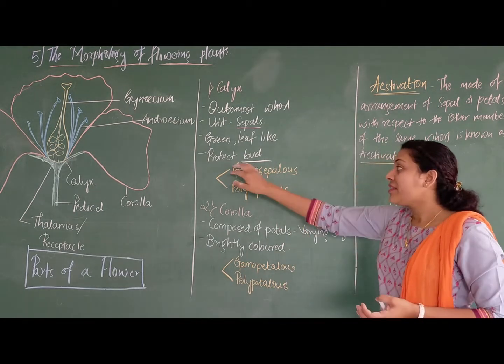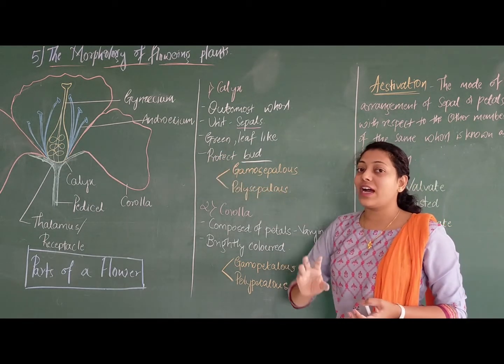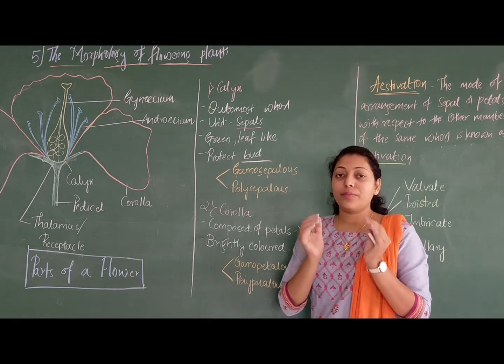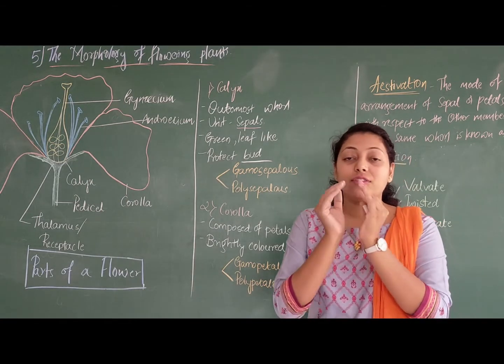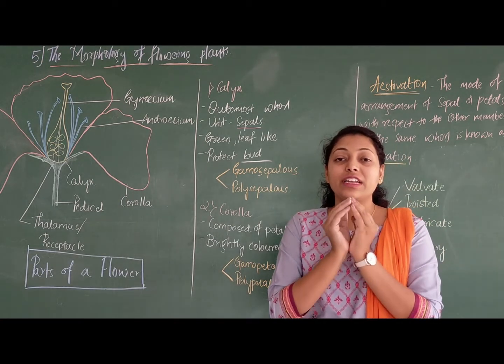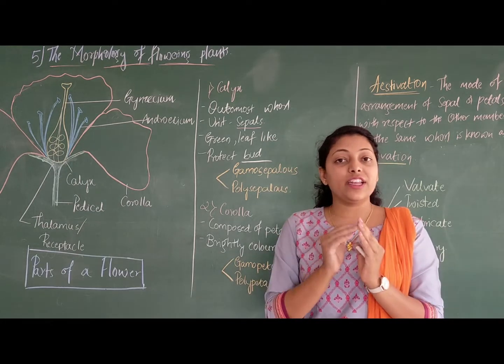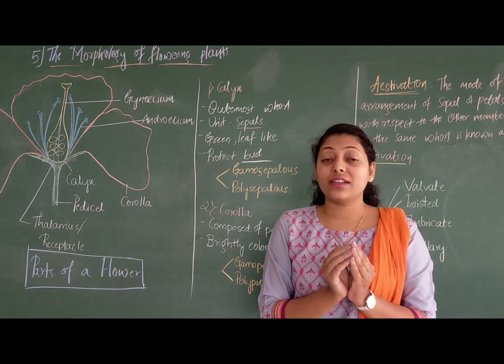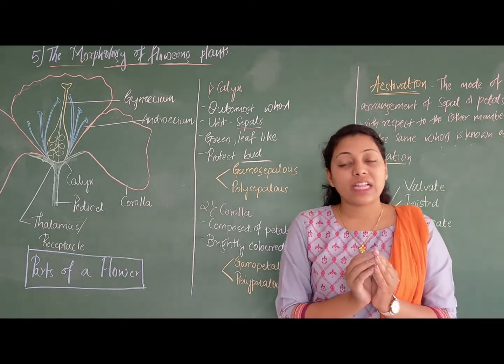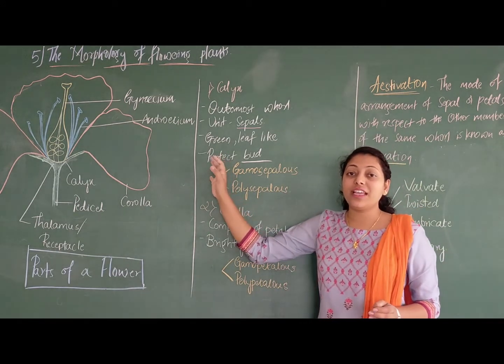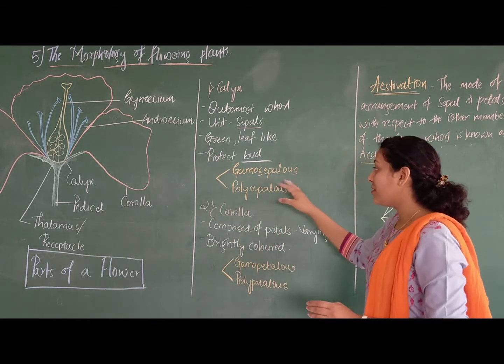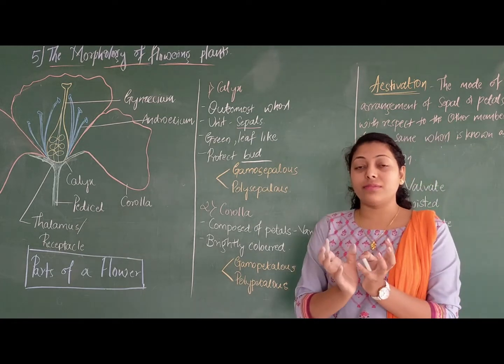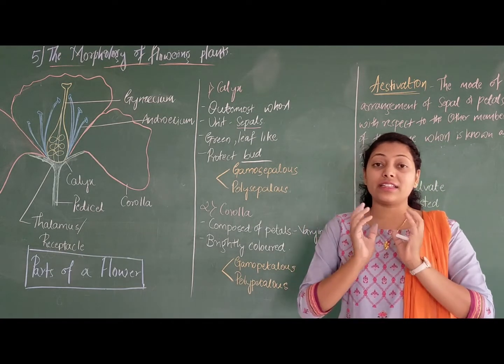These give protection to the flower in the bud stage, because they enclose the flower. Calyx encloses the flower when it is in bud, so that the innermost parts are not harmed at all. That's why it gives protection to the flower. So based on the calyx, they are either united or free.